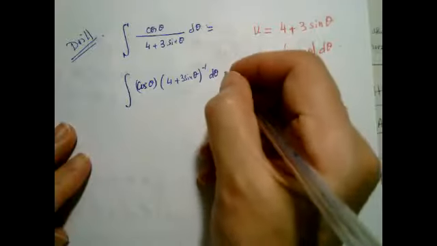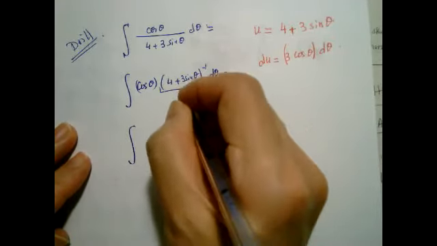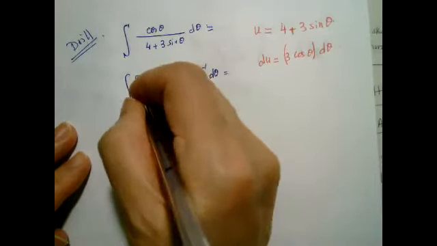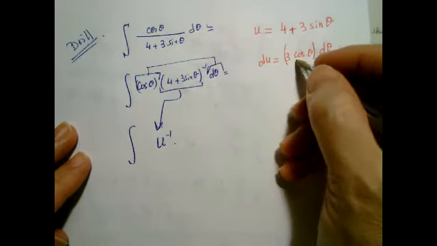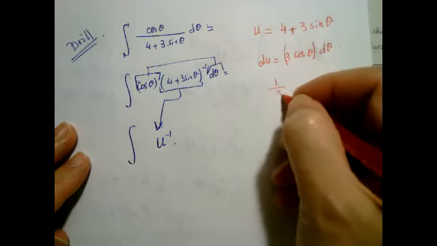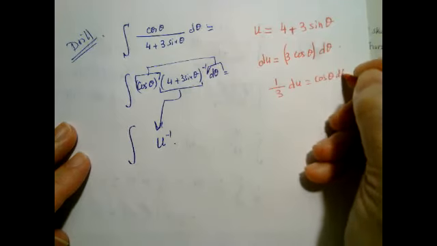Now this piece is my u. The cosine theta d theta, I want to substitute it. I have to divide this by 3, and I will get 1/3 du equal to the cosine theta d theta.